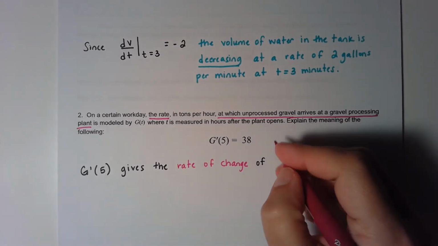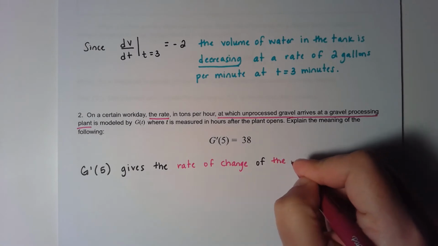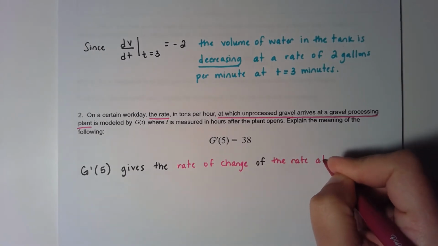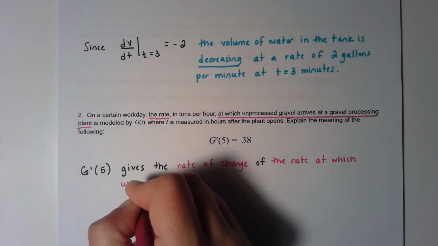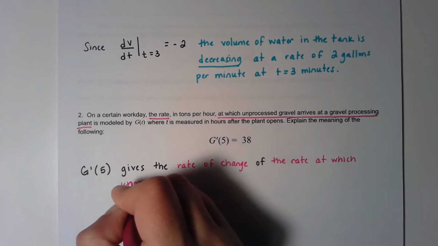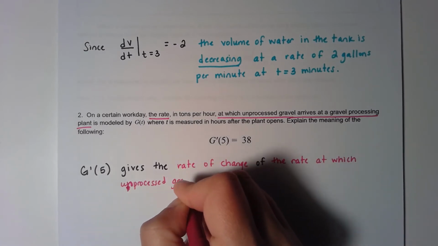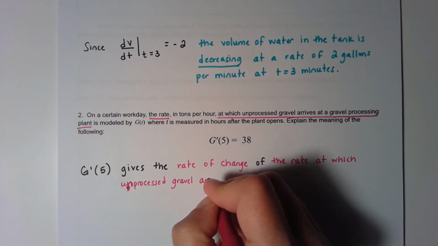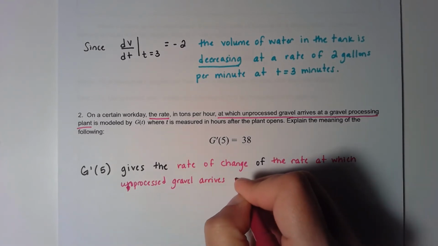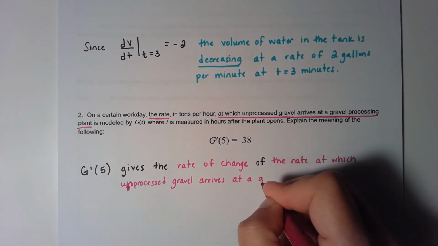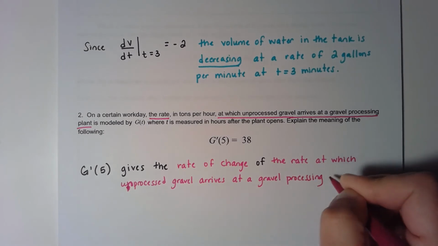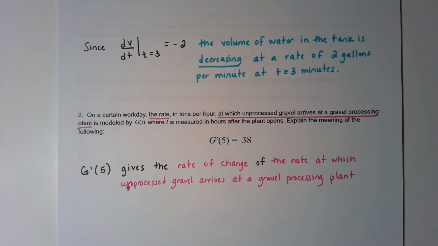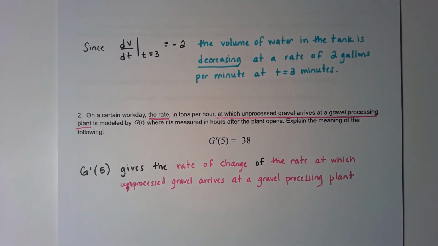So this gives us the rate of change of the rate at which unprocessed gravel arrives at a gravel processing plant.